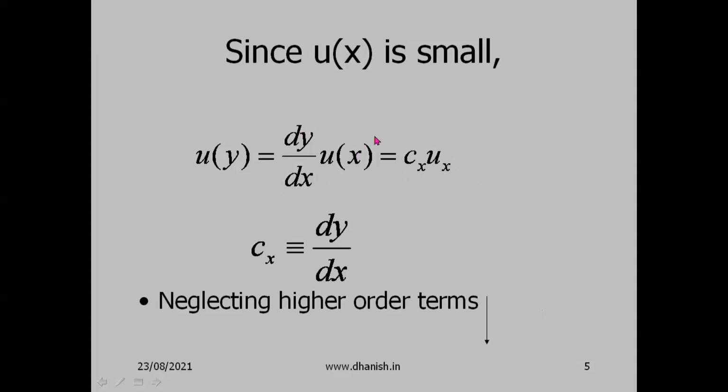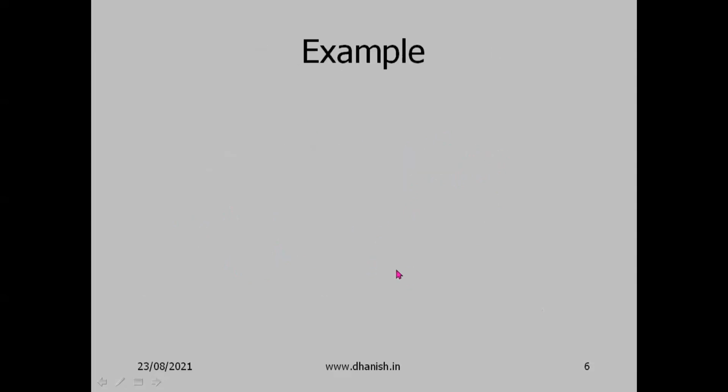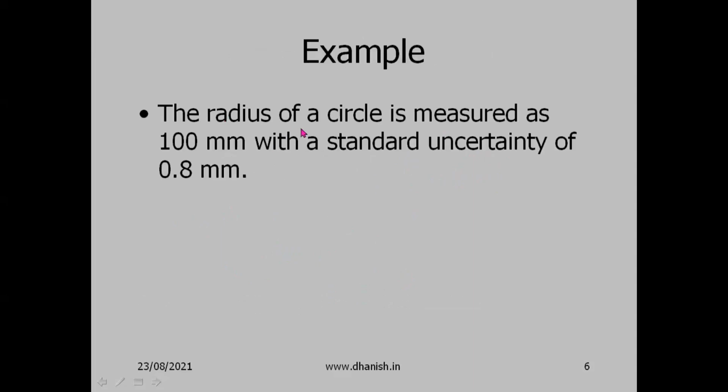And u of x, without the brackets, we write as u subscript x. This is a notation which is used in metrology. So Cx is the same as dy by dx, neglecting higher order terms. So it is simple.